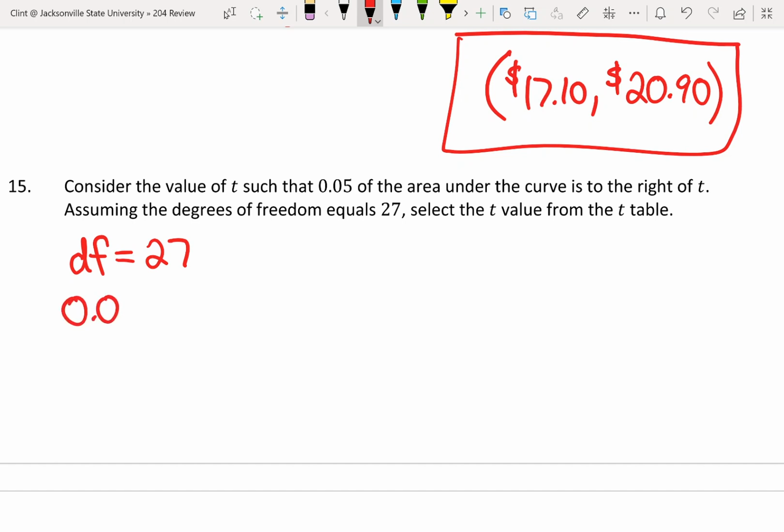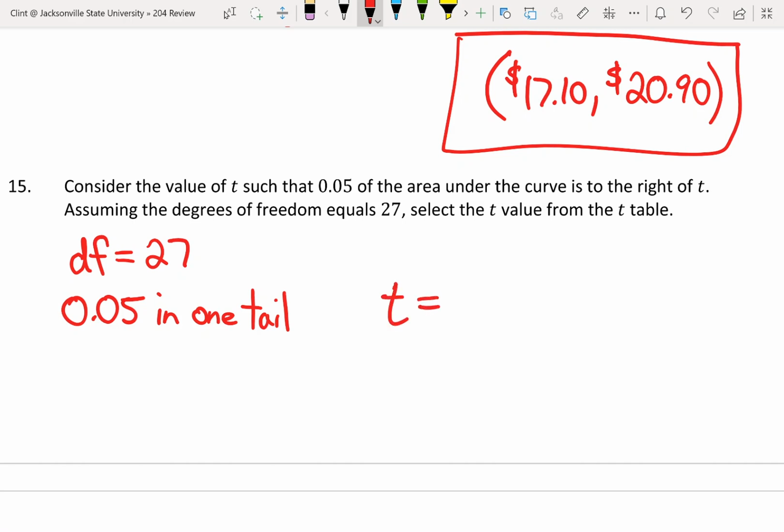And then our area, 0.05, is it given to us in one tail or in two tails? One, because it just says to the right. That's in one tail. Then we can go over to table C. 0.05 in one tail, that's the second column. 27 degrees of freedom.